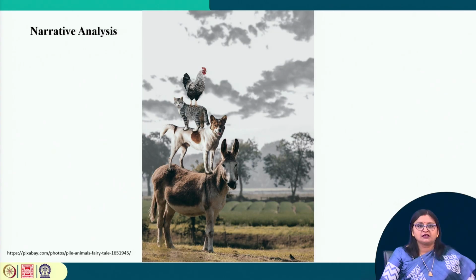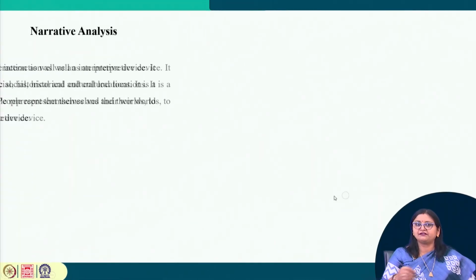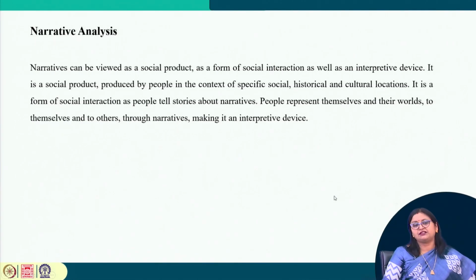This is the pile animal fairy tale image, where 4 animals are standing on each other, and what is your narration? So, this kind of scenario or real life environment can be narrated by the people, and today we will talk about this kind of narration or narrative analysis in the research.